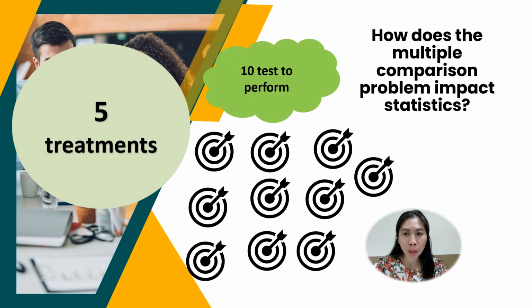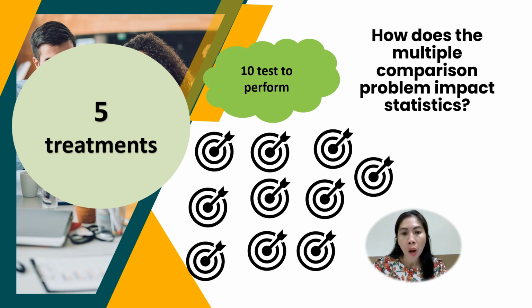How does the multiple comparison problem impact statistics? For example, if we have 5 treatments to compare against each other, then there is a total of 10 tests to perform. With so many tests, we are likely to find by chance, even if nothing is really different, at least one significant result, a false positive.